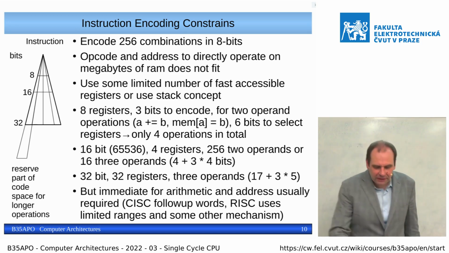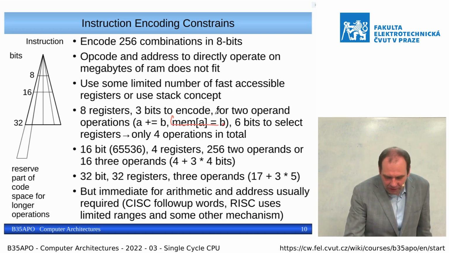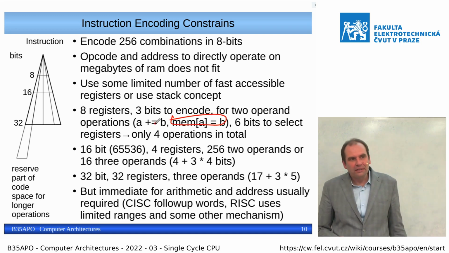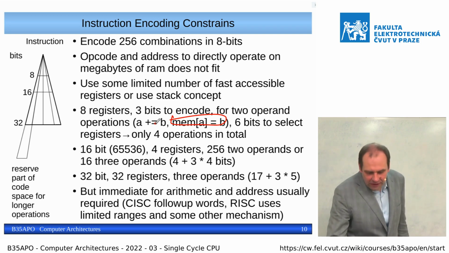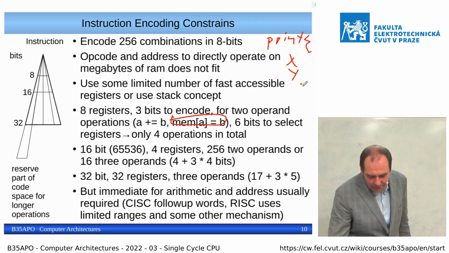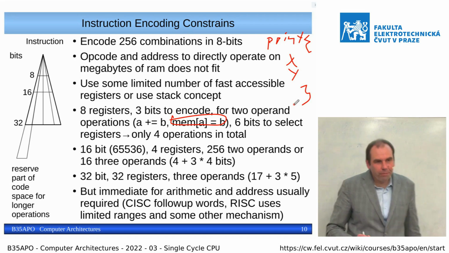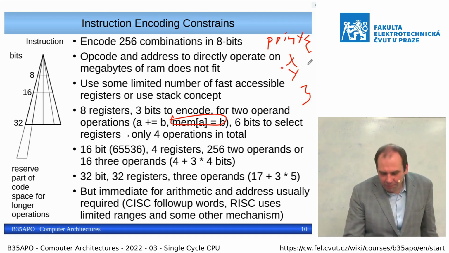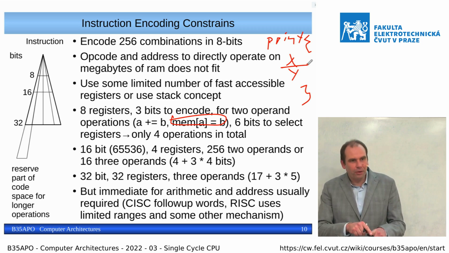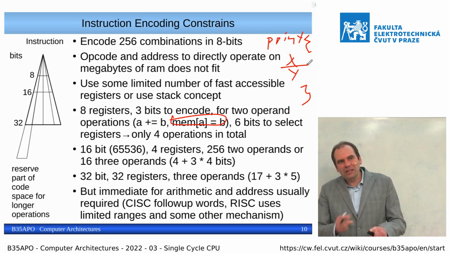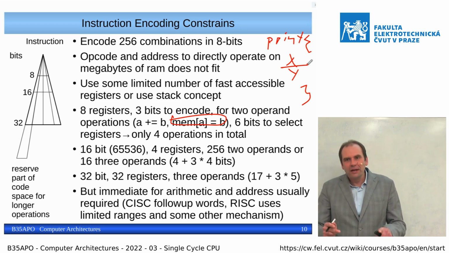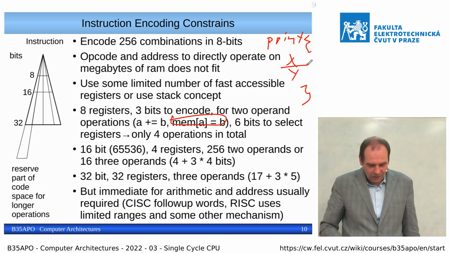Another problem is that if we access memory, store or read data, then you usually have some structures. For example, if you have a structure for a point, then it probably has X and Y components. So if you have a pointer to X of a given point, you usually want to have some simple way to access Y without the need to manipulate the registers and so on.